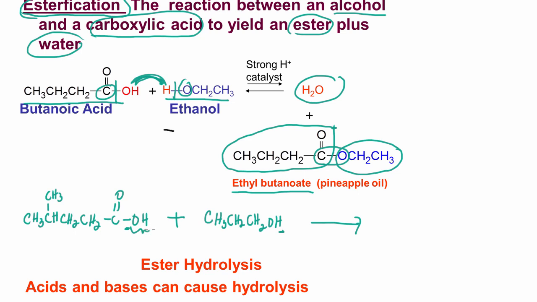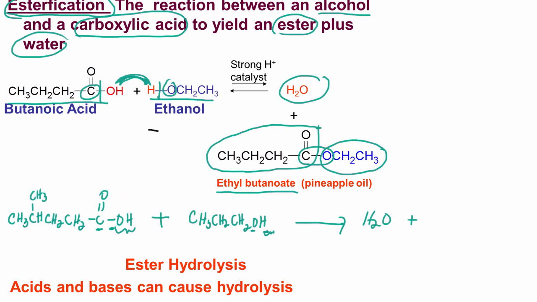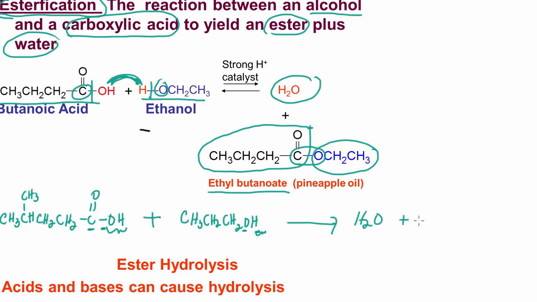So the hydroxide ion and the hydrogen will form water, and then the bond is going to form between the oxygen from the alcohol and the carbonyl carbon. So what I'm going to end up with is this compound here. Remember, the rest of the molecule is going to stay intact.